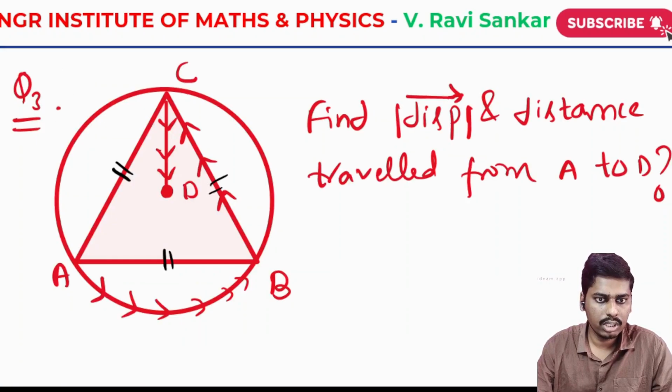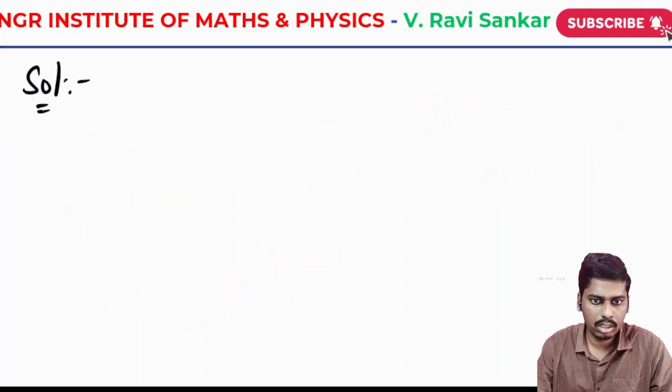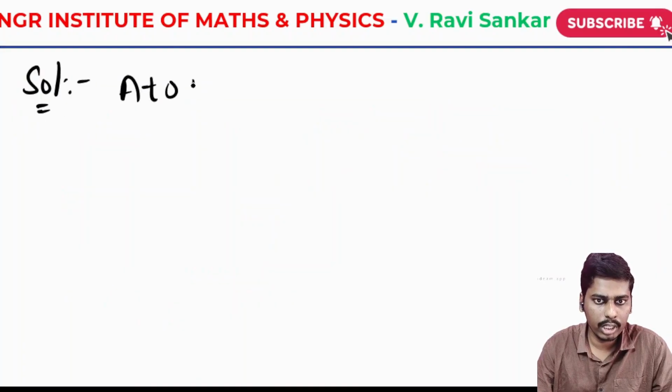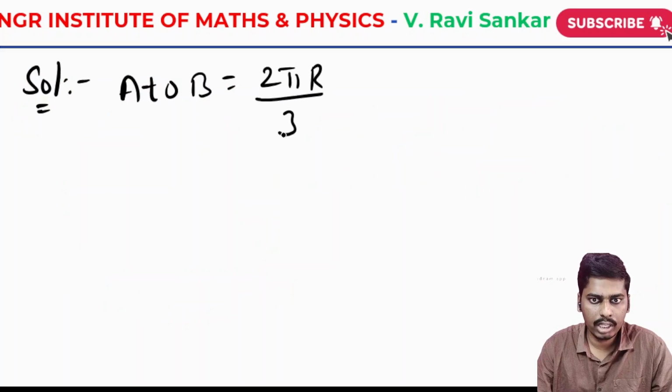That means the value from A to B is nothing but 2 pi r by 3.